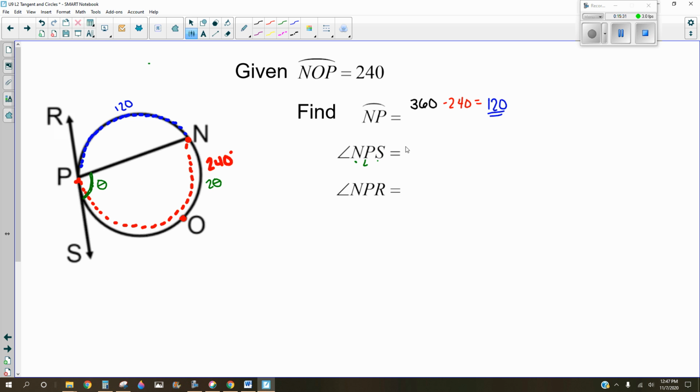So in this case, 2 times that angle is 240. So which means the angle by itself is half of that. It's 120.